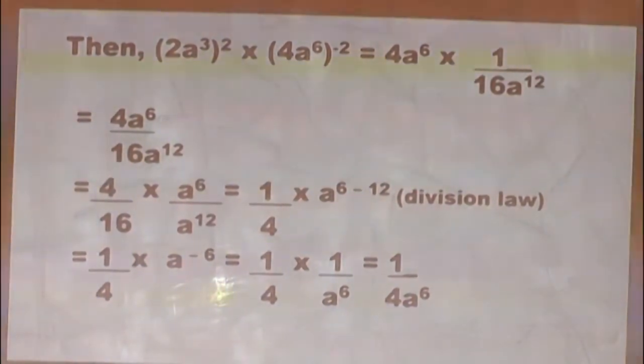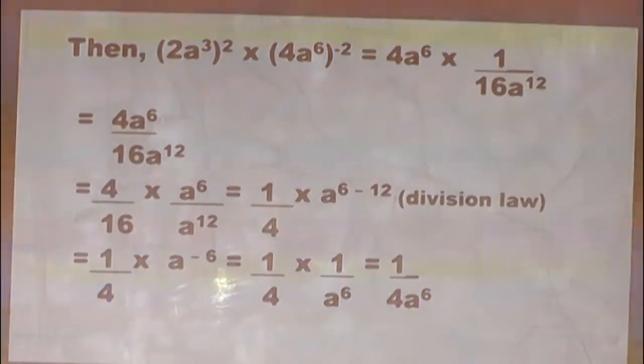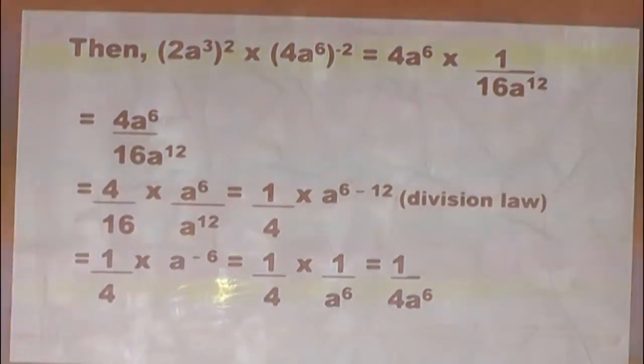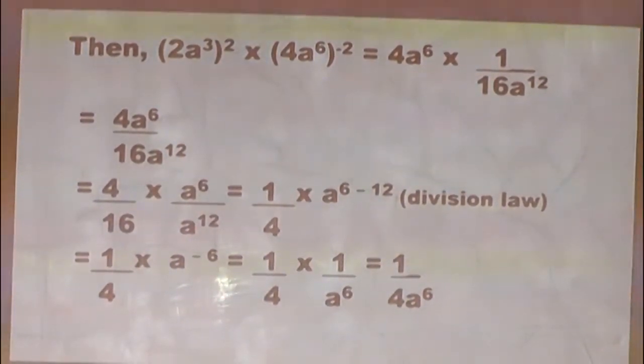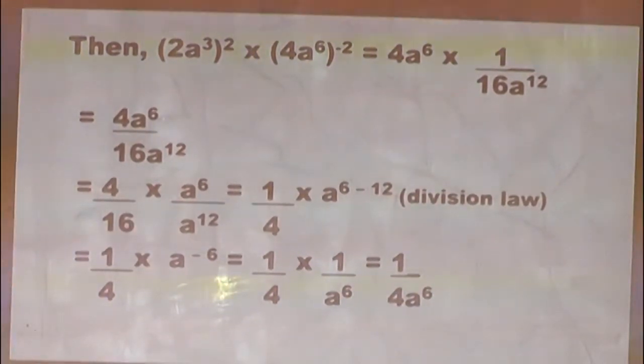This 1 all over 4a raised to the power of 6 is the short form of the initial question given to us. The solution of the second question goes thus.